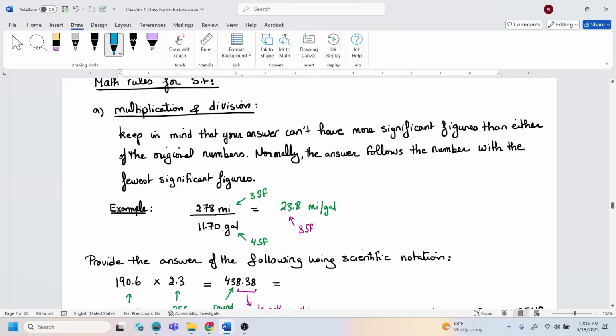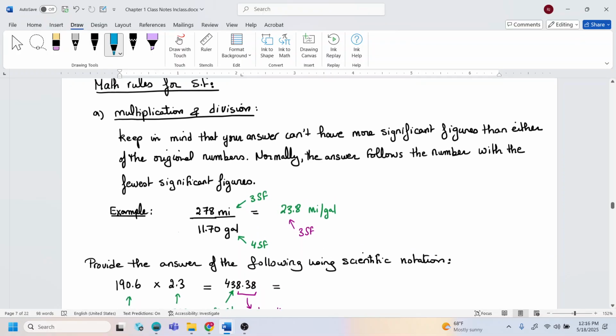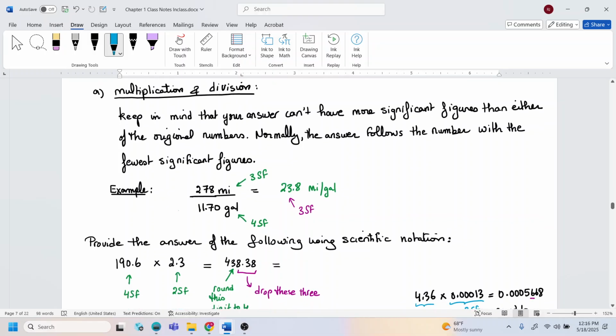For the math rules, multiplication and division and significant figures, okay, you need to keep in mind that your answer cannot be more significant than either of the original numbers that you are working with. The rules that we're going to follow for multiplication and division and sig figs is different than those for addition and subtraction.